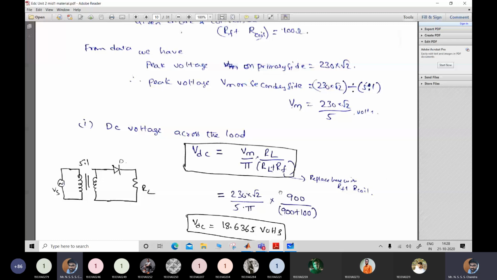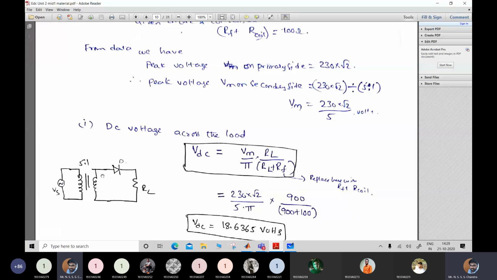If you see the circuit diagram, on the secondary side, leave over the primary side, you have 3 elements in series. One is your transformer secondary, then you have your diode, and then you have your RL. Earlier we have not considered this transformer secondary, but now because in the question he has mentioned it, we'll be taking that also into account.